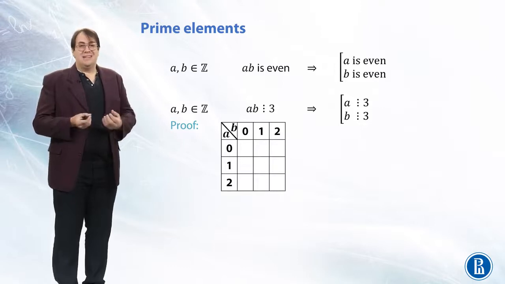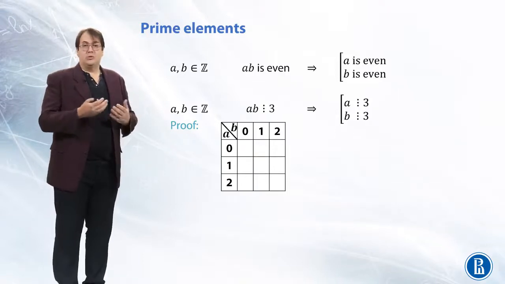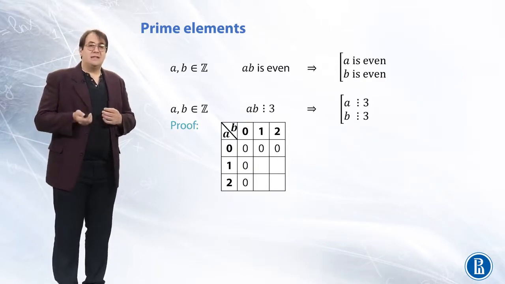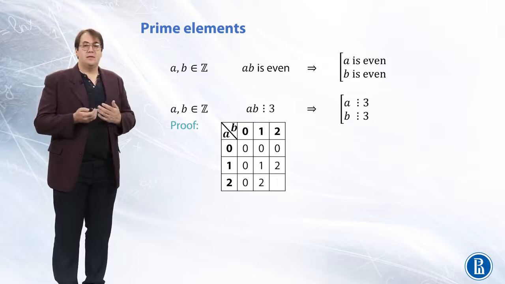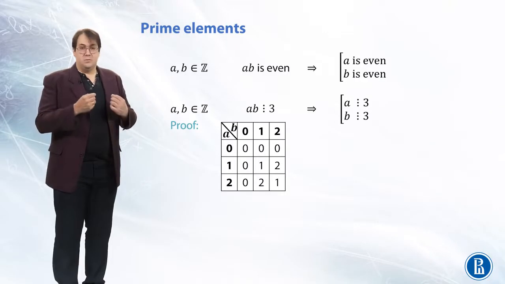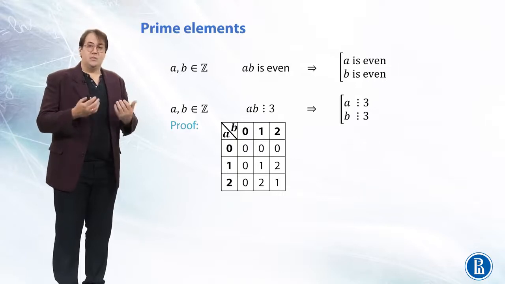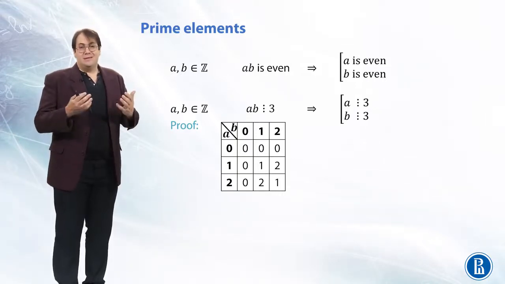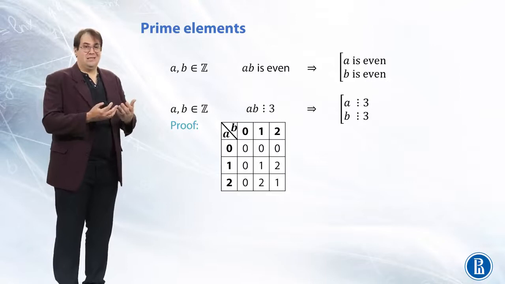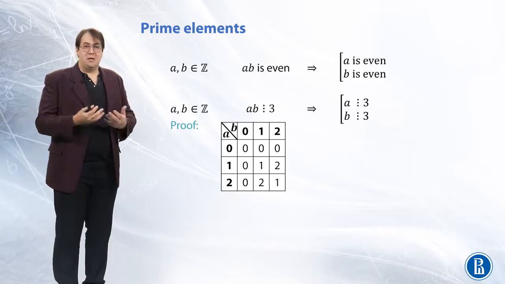A can have remainder 0, 1 or 2, and also B. When combining these remainders, we understand that their product can give remainder 0 only if one of these two factors, A or B, is actually divisible by 3 and has remainder equal to 0. So here we have several examples where, when a product is divisible by some number, then one of the factors must be divisible by the same number.